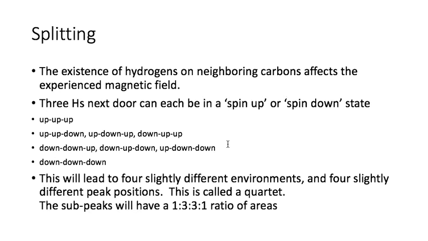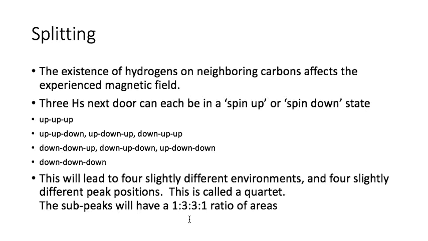And so you get 4 slightly different environments. And the areas are going to be 1 to 3 to 3 to 1. And these ratios of areas, you may be noticing here, this is a Pascal's triangle relationship. Assuming that all 3 hydrogens are identical, we would get this 1 to 3 to 3 to 1 ratio of the areas, and we'll call that a quartet when you have 4 little peaks.